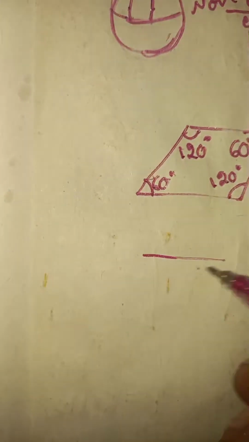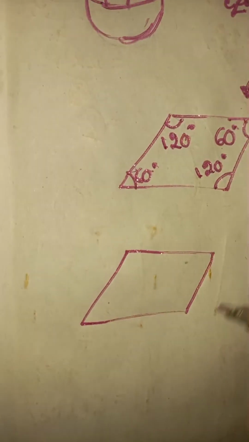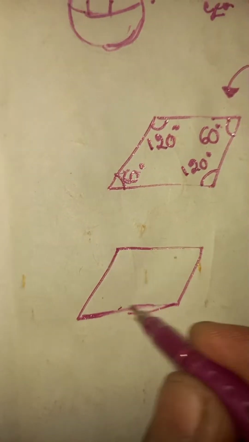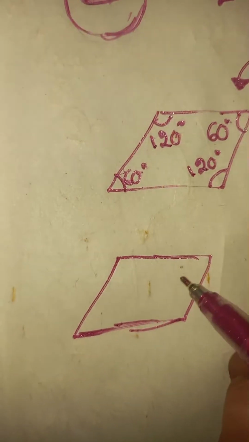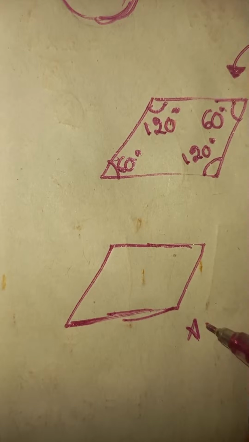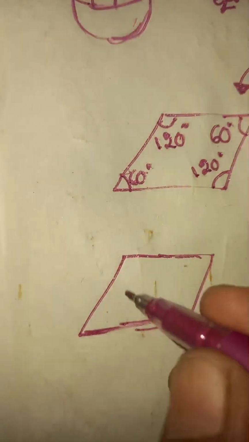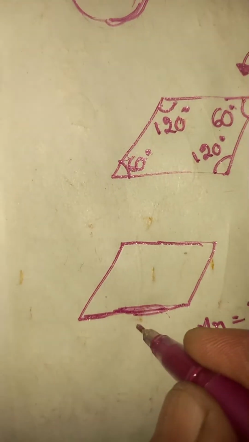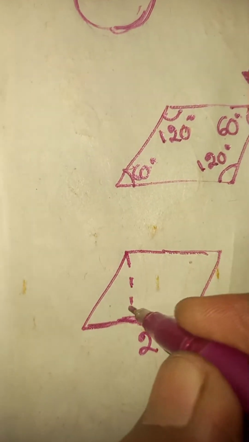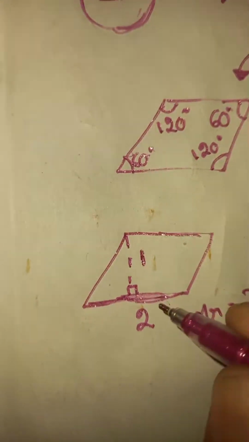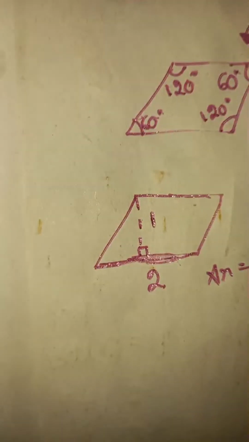Now let's find the area of the parallelogram. If they have given a parallelogram and ask you to find the area, you can find it if they have given the base length as 2 units and the perpendicular height as 1 unit. You need the base length and the perpendicular height.